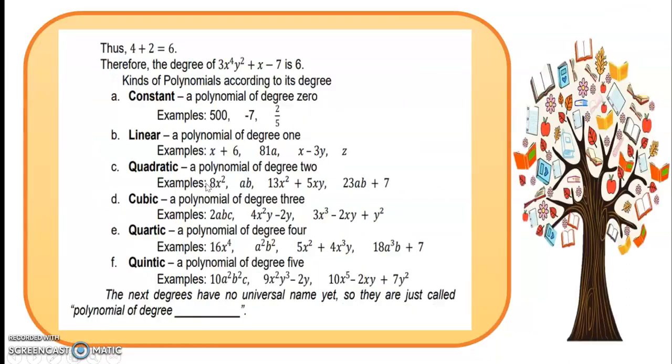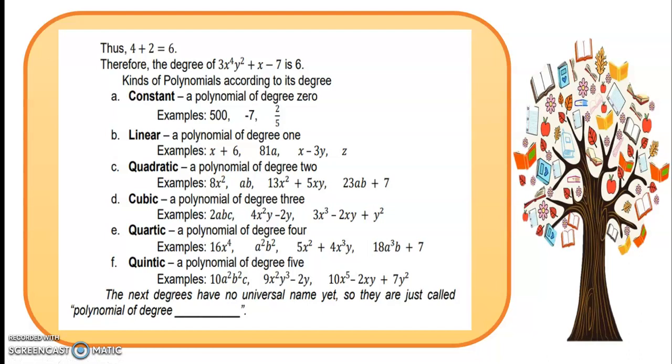So, therefore, the degree of the given is 6. But if there is only one variable, for example there is no y squared, only x to the 4th, we look for the biggest exponent, and that is the degree. Okay? So, remember that.